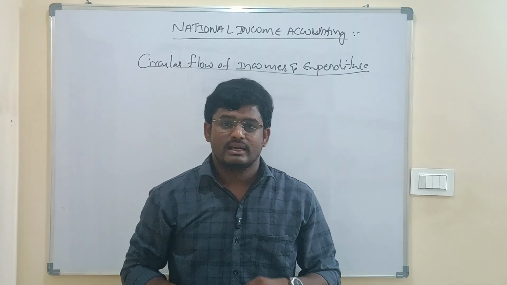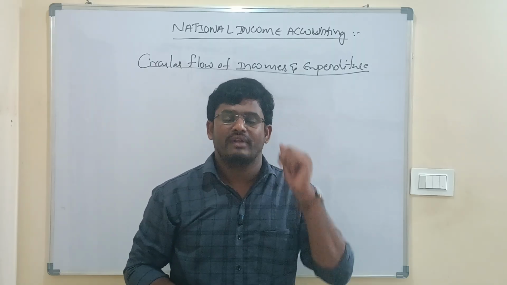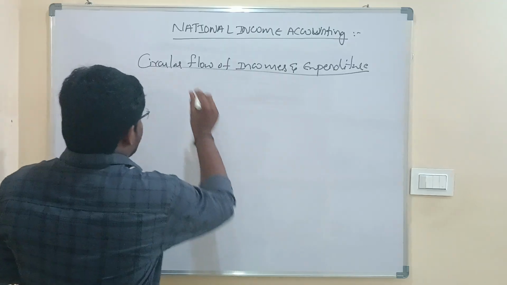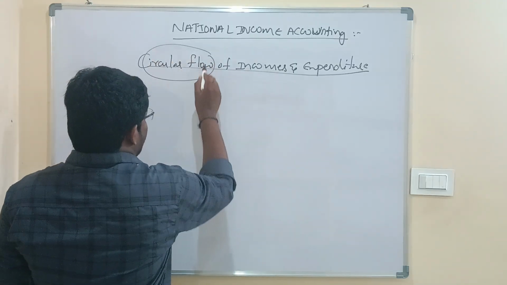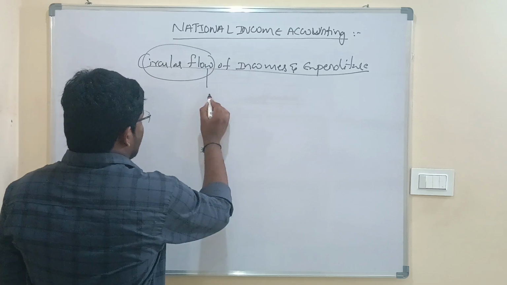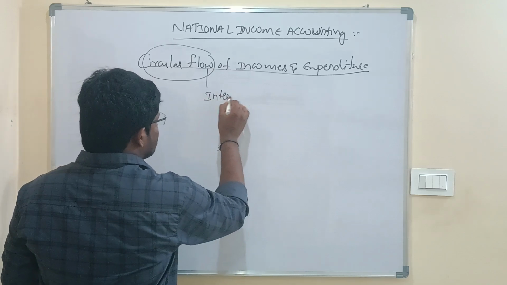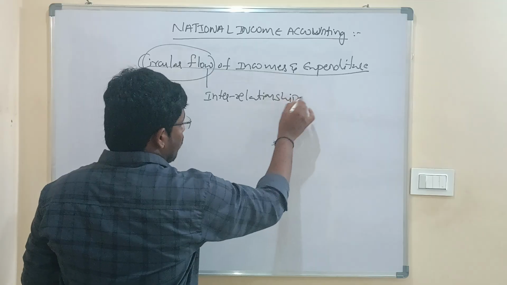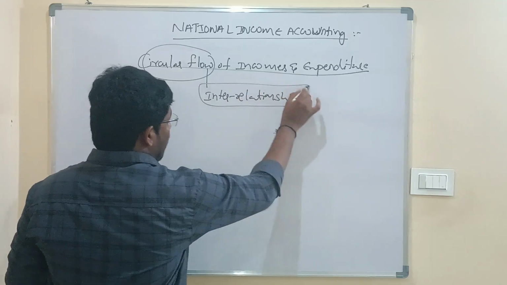Now, what exactly is the concept of circular flow of incomes and expenditures? It reflects the kind of interrelationships that exist between the four major economic sectors of the economy.